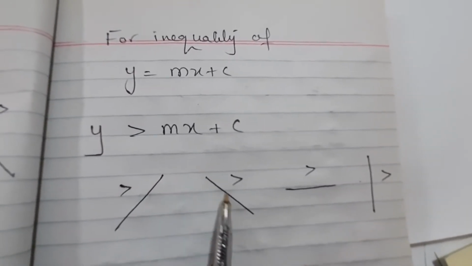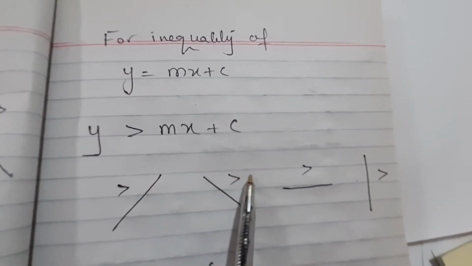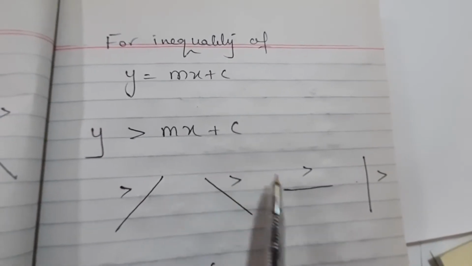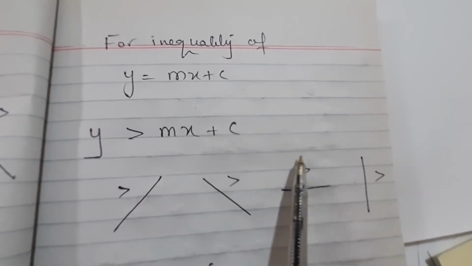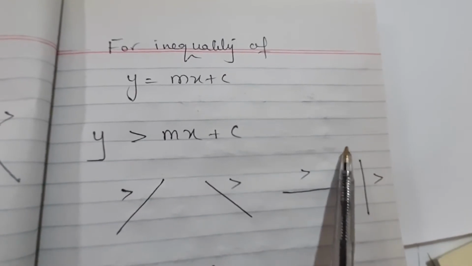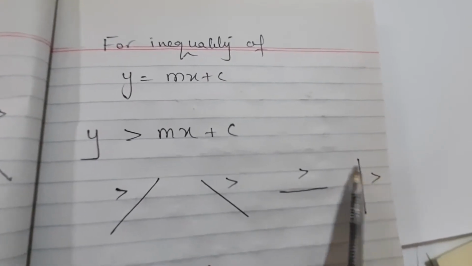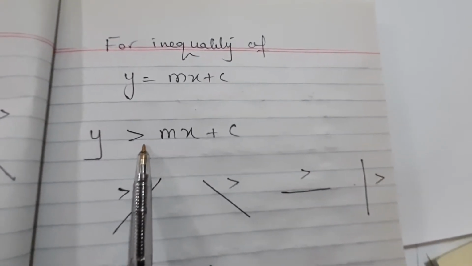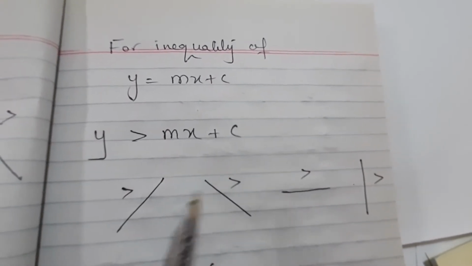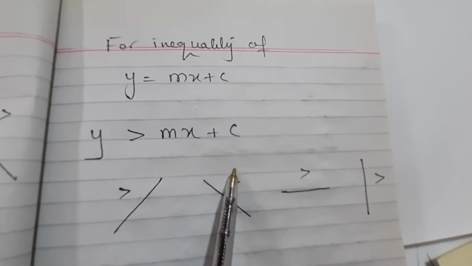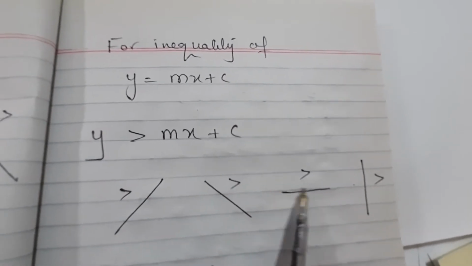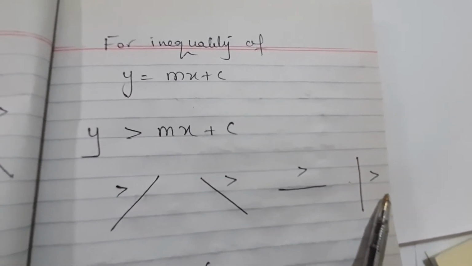If the line has this slant, the above region is greater. If it is horizontal, above is greater. If it is a vertical line, the right hand side region is called greater. So we know that the greater region in an inequality is above in case of slant, above in case of horizontal, and right hand side in case of a vertical line.